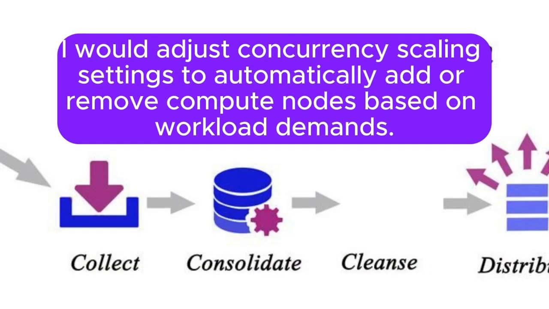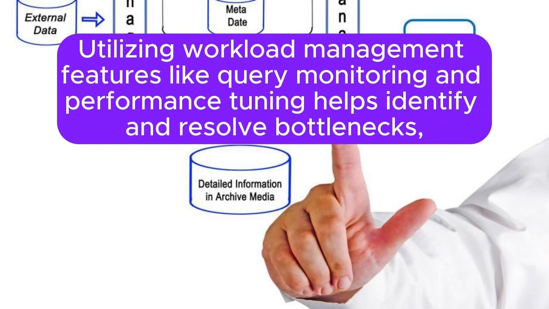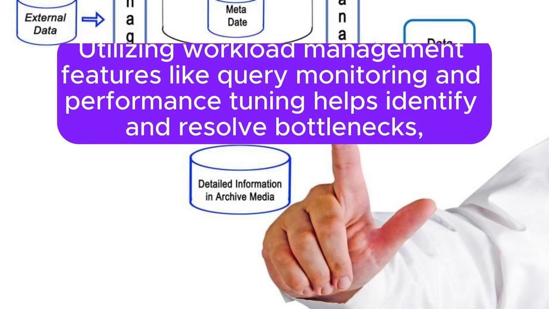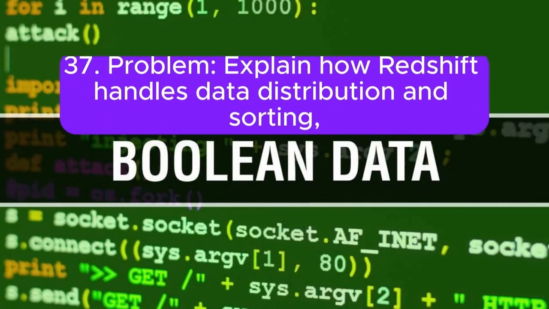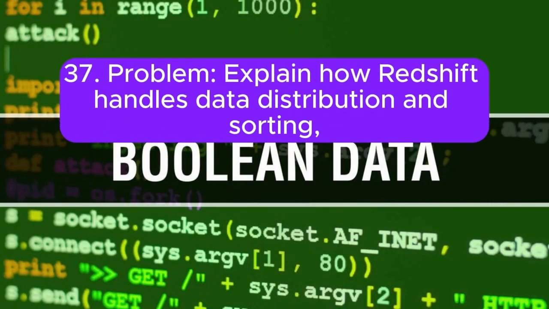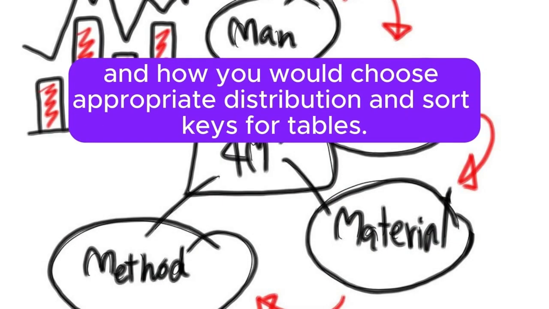I would adjust concurrency scaling settings to automatically add or remove compute nodes based on workload demands. Utilizing workload management features like query monitoring and performance tuning helps identify and resolve bottlenecks, ensuring smooth query execution even under high concurrency.